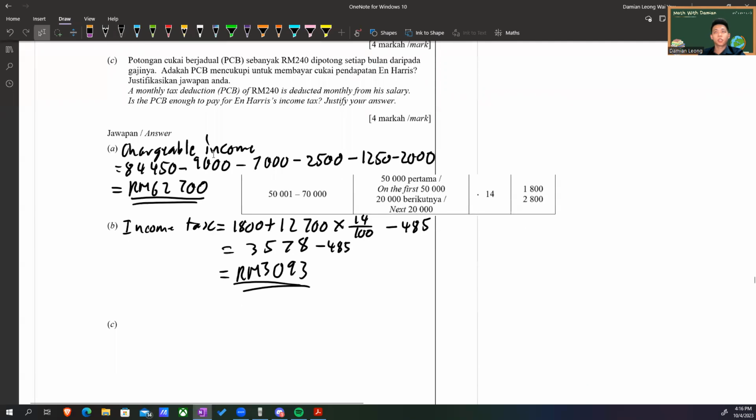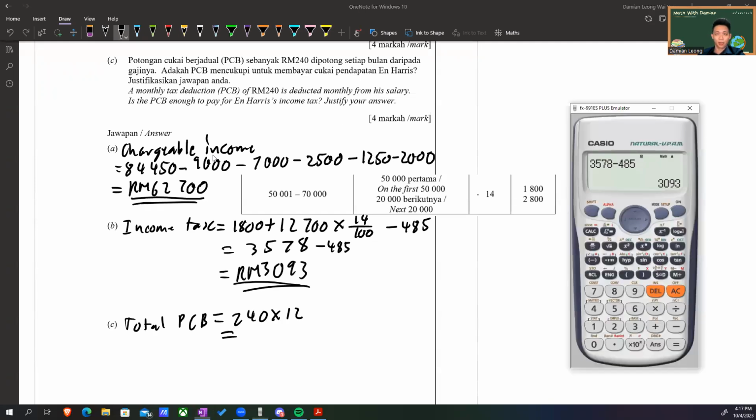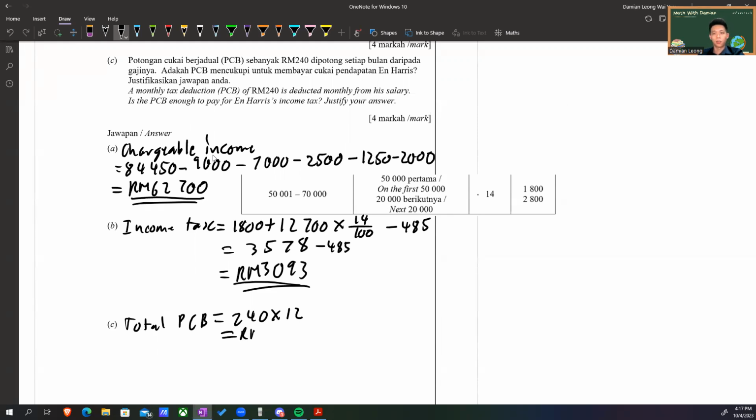So money tax deduction 240 deducted. Is the PCB enough? So total PCB, or in English actually is MTD, money tax deduction, 240 ringgit times 12 months. Because each month, 240 times 12, I get 2,880 ringgit.